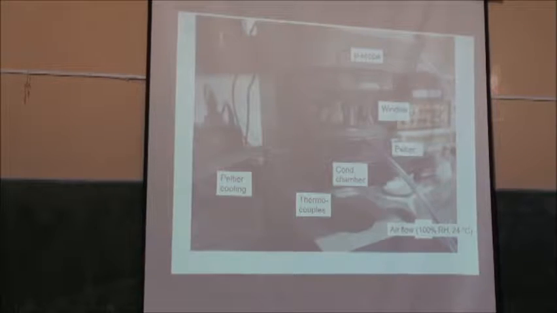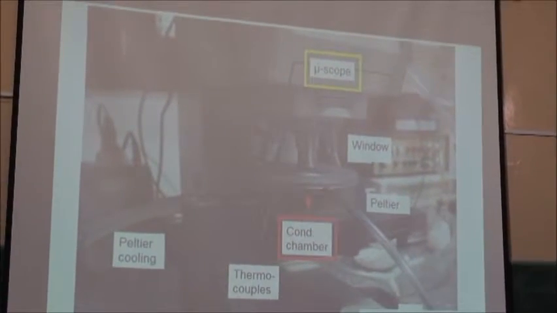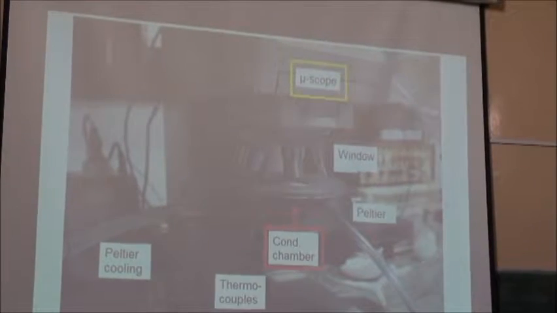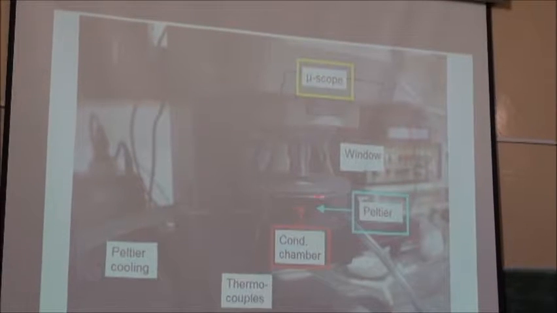So this is the experimental setup that is in my lab. That's basically a microscope. You can see here, you have a condensation chamber. It's made with copper and plexiglass. Here we have a Peltier element behind a copper disc.